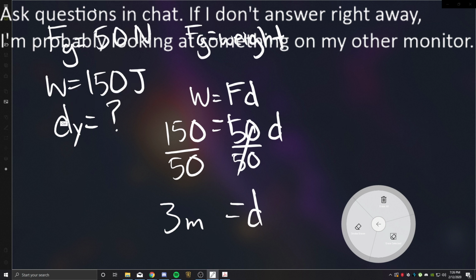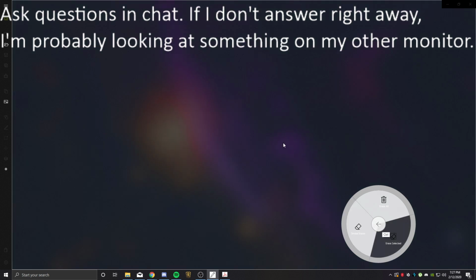And they want to know the distance that gravity moves it. So you have Fg, you have W, and D. And we know that W is equal to Fd. So all I'm doing here is replacing W with 150, replacing F with 50, solving for D. So 150 divided by 50 is 3 meters. All right, so now let's move on.